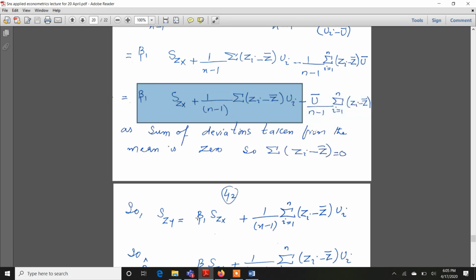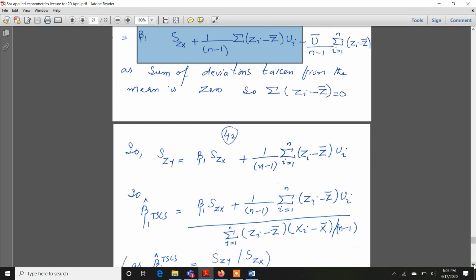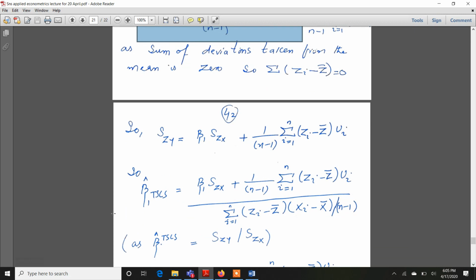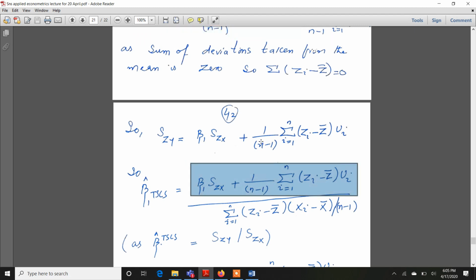That's why we have this formula: covariance between z and y is equal to this quantity. So beta 1 hat TSLS becomes covariance between z and y, replaced by this, divided by covariance between z and x, which we just covered. So covariance between z and x means this thing, right?